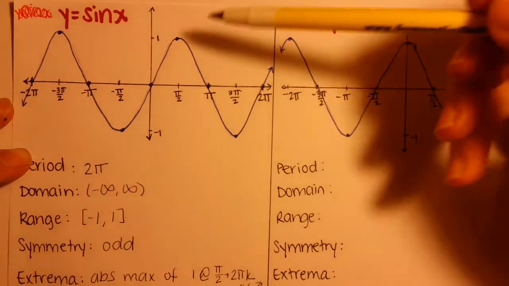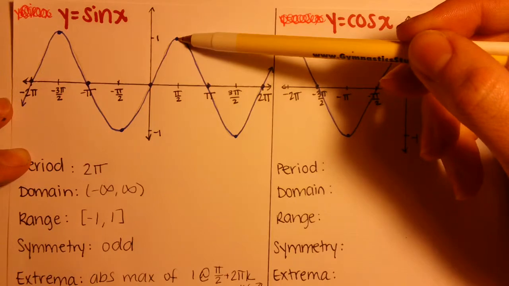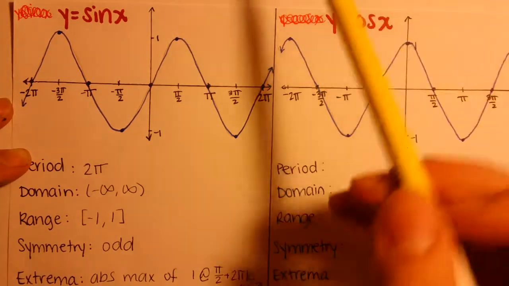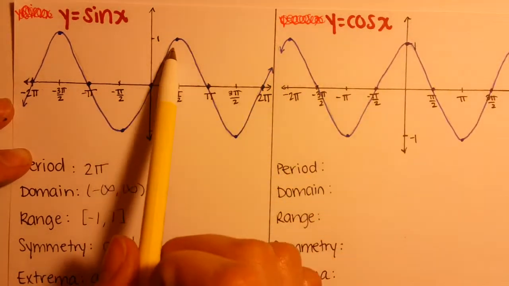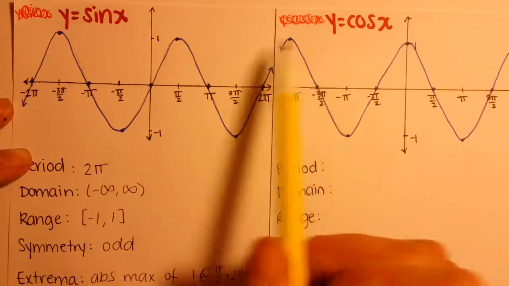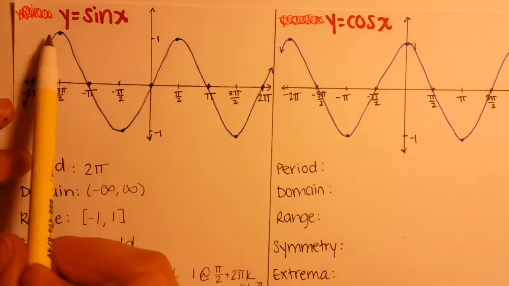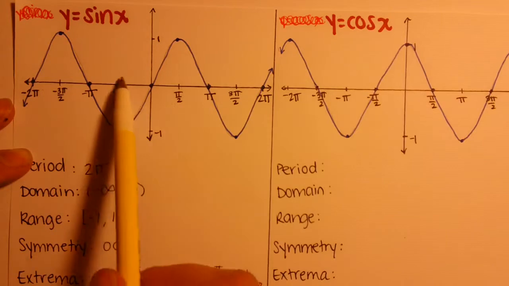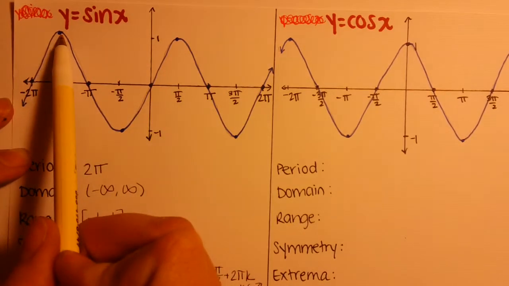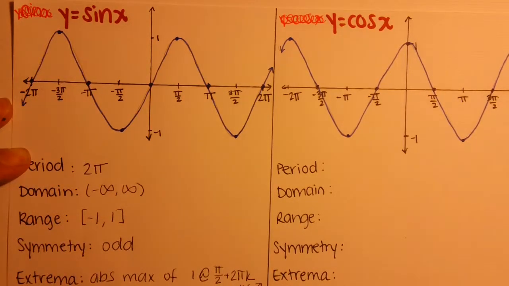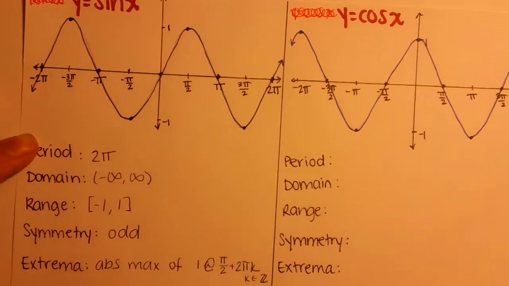So we can see that our absolute max here is at pi over 2, and if we add 2 pi, we'll be over here somewhere, but if we subtract 2 pi, we'll go over 1 pi, 2 pi, we can see we hit that max again, and it's going to happen for every 2 pi k, where k is an element of the integers.